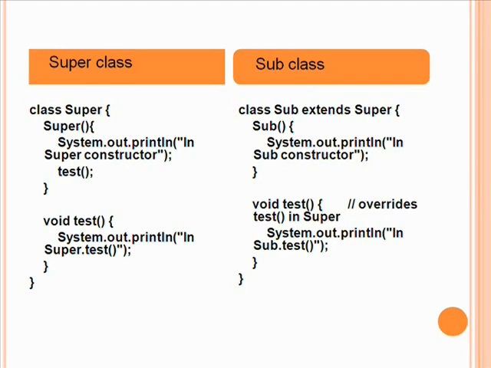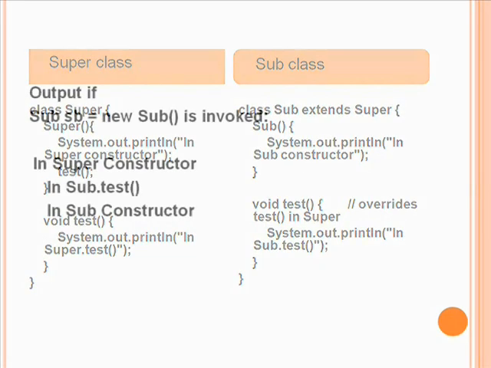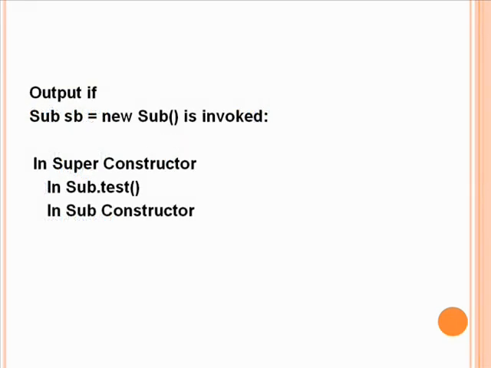It is the subclass's test method. So, according to that, it will print in sub.test method. Then it returns back to its constructor and finally prints in subconstructor. The output for the previous code is listed here.